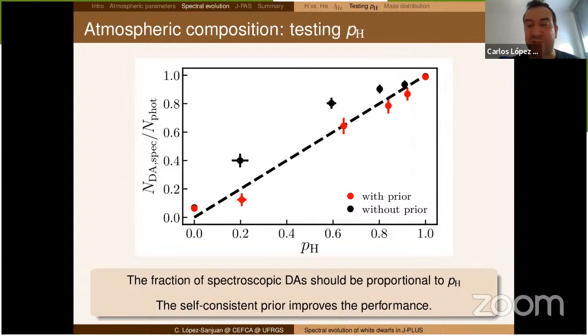So remember that we only use our own data to go from the black points to the red points. So no spectra were used in the process. The spectra are only used for testing. So this is a very nice result and supports that we are doing the statistical analysis of the data properly.